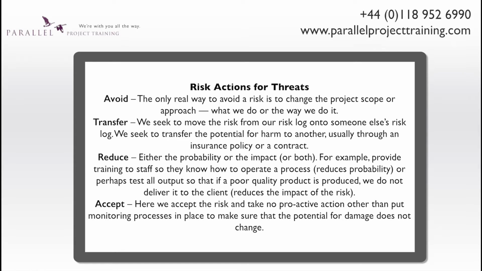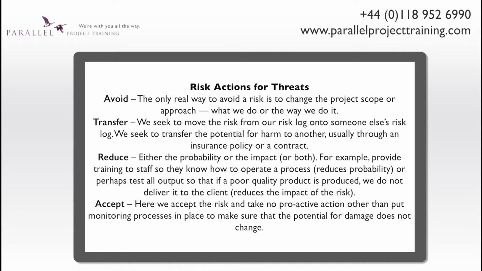We could transfer the risk to somebody else. So we could pay someone to guard our car while we're away on holiday. And that would mean that if our car was stolen, we got compensation. Or we could buy insurance. Most of us have comprehensive insurance.